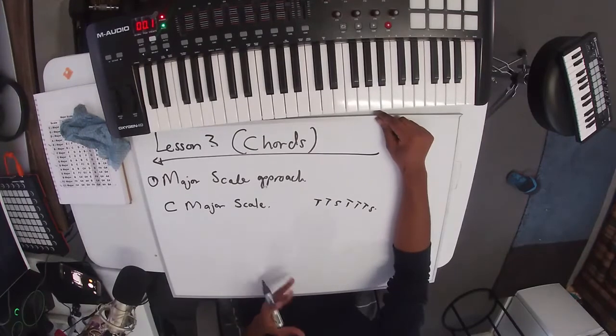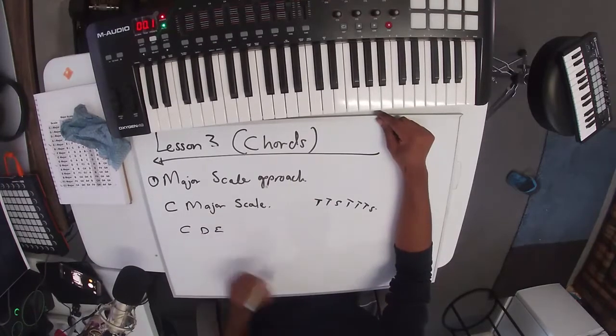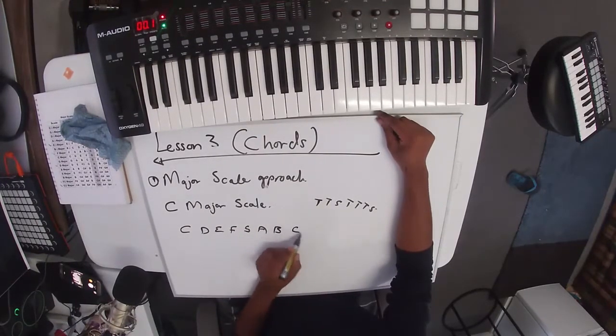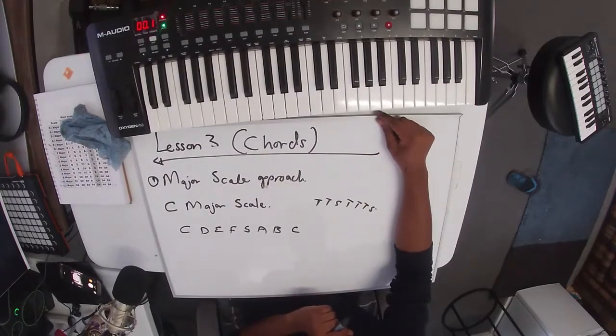So in C: C, tone, D, tone, E, semitone, F, tone, G, tone, A, tone, B, semitone, C. And that is the major scale.